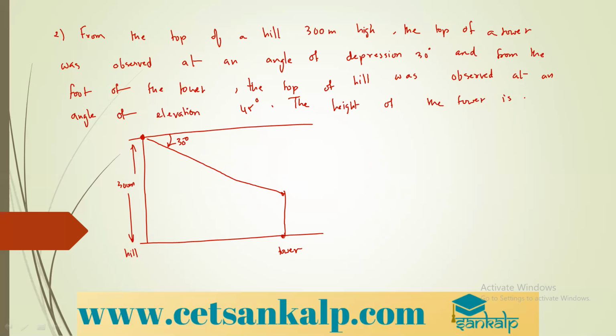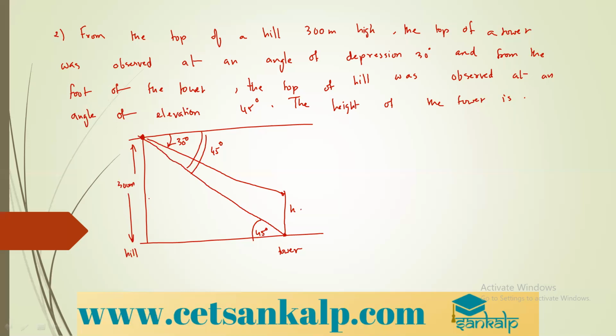Now from the foot of the tower, from here, the top of the hill is observed and angle of elevation is 45 degrees. That means this angle is also 45 degrees. We have to find height of the tower.